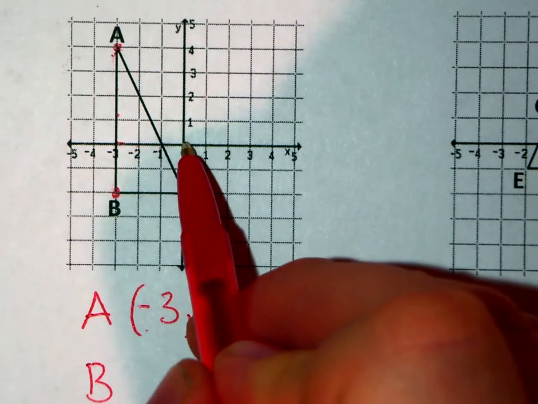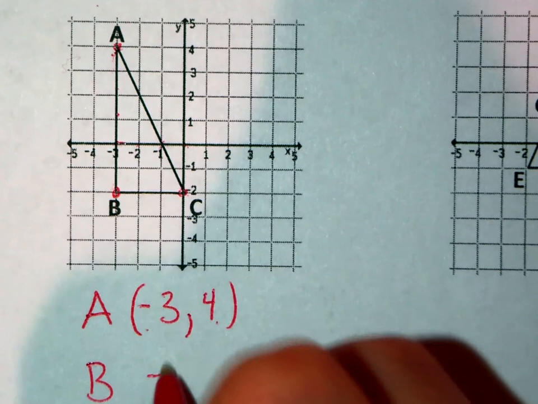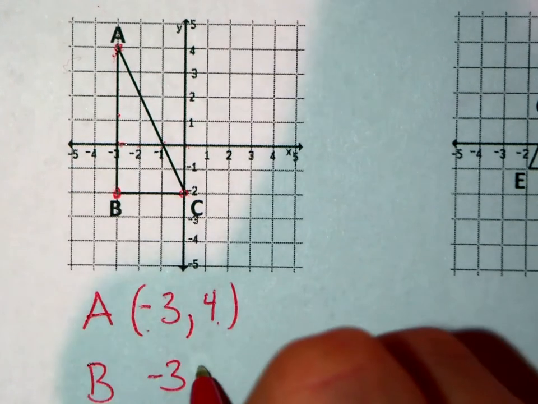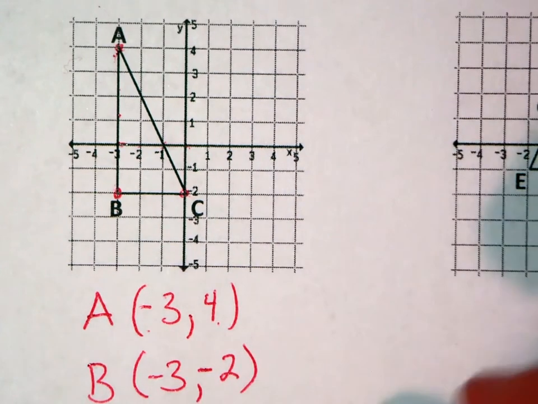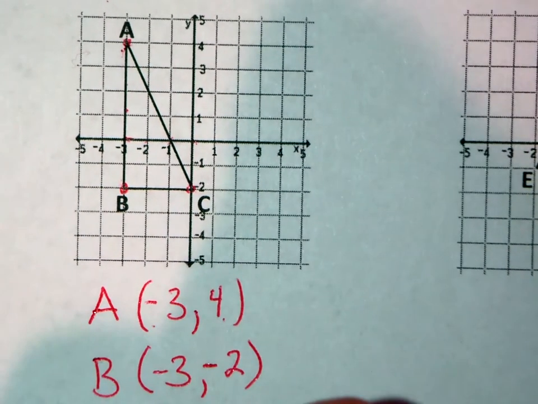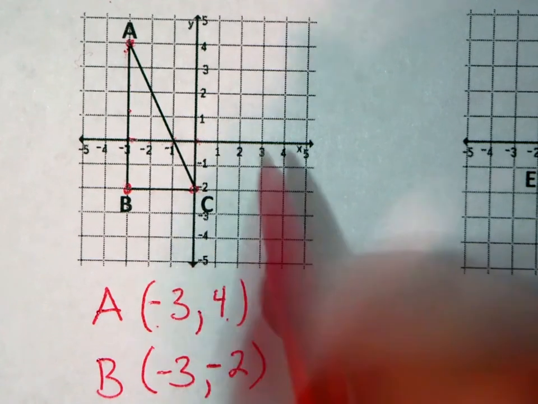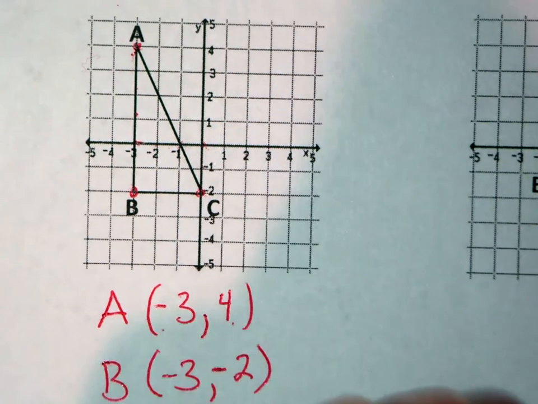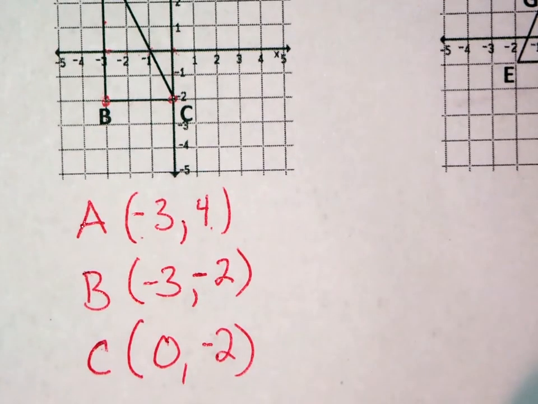B, starting again at the origin, -1, -2, -3. Continuing down, 1, 2. So that would be -3 for x, -2 for y. Point C. I don't move left or right at all, so that's going to be a 0 on the x, but I do move down 2. So I've identified ordered pairs for all 3 of my points.